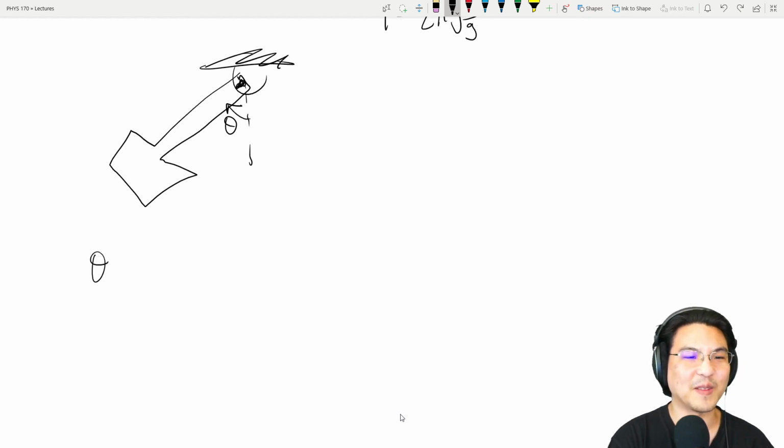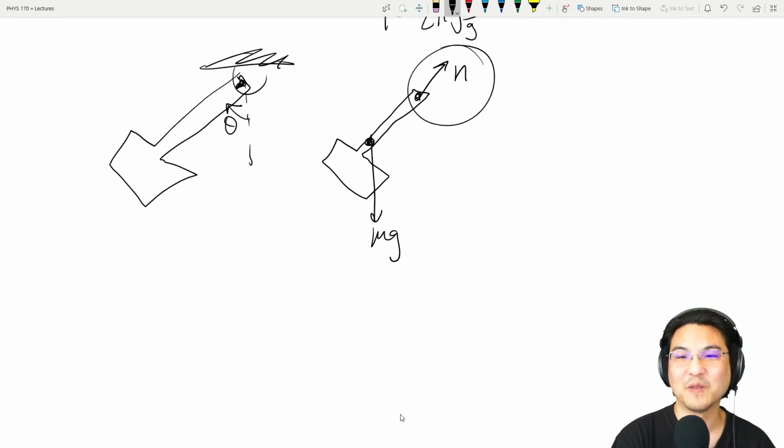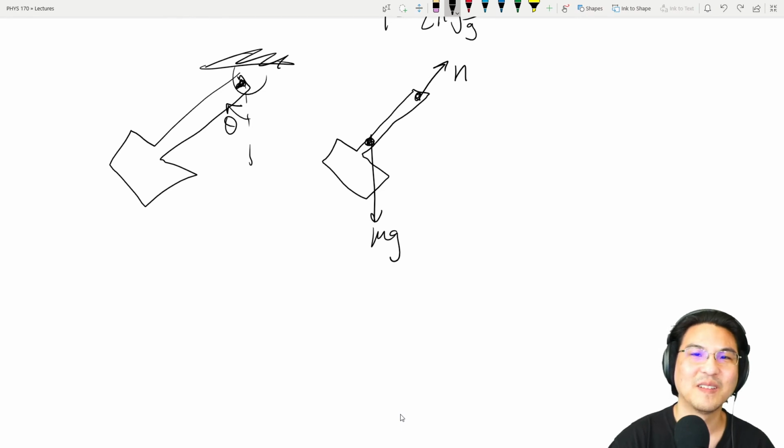Okay, so let's solve for that as a function of time. And we would need to know some information about your turbine blade. So here's the free body diagram. There would be weight acting at the center of mass, and then some normal force up here at the hinge. We're not sure of the angle nor the magnitude.